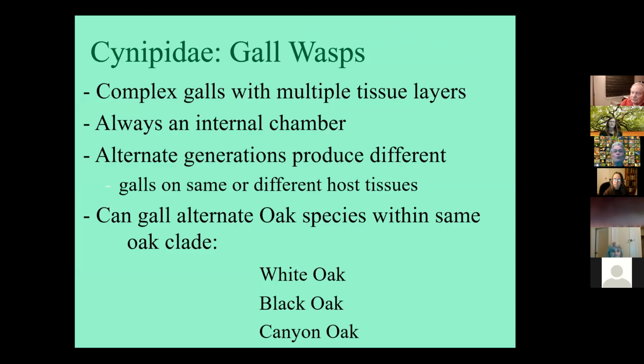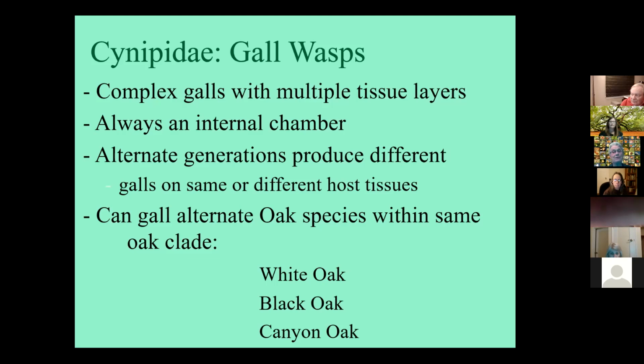All right, so basically, now that we're getting into the Cynipidae, and Cynipidae specifically, we're looking at gall wasps. We see complex galls, multiple tissue layers, not simple pouch or roll and fold. There's always a special internal chamber for the individual larva. If it's a polythalamous gall, there'll be lots of chambers.